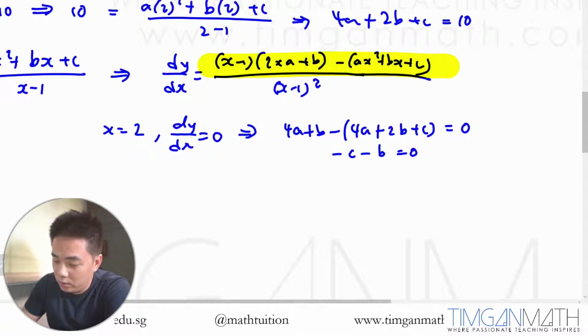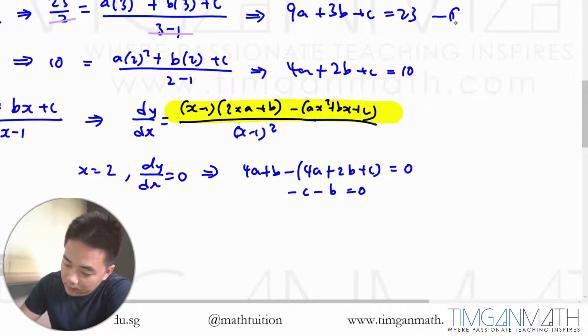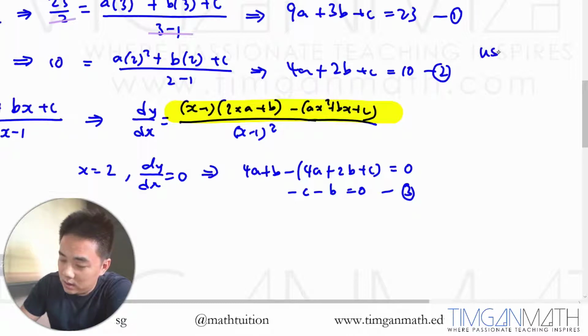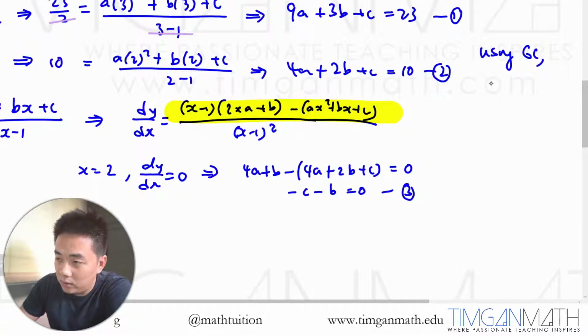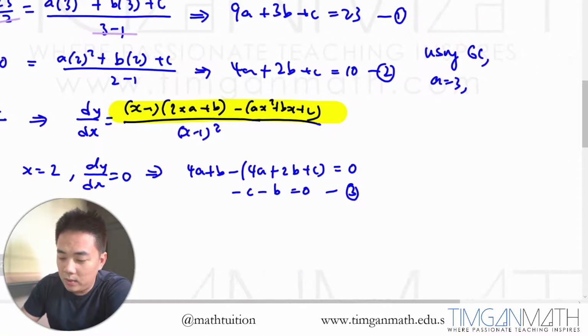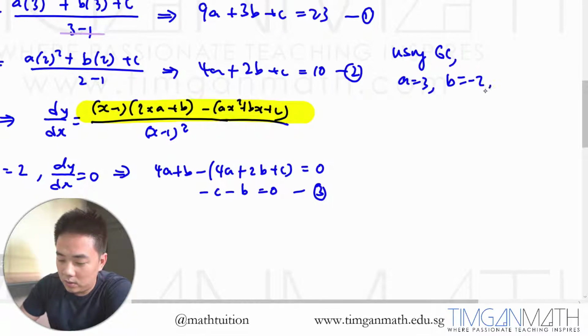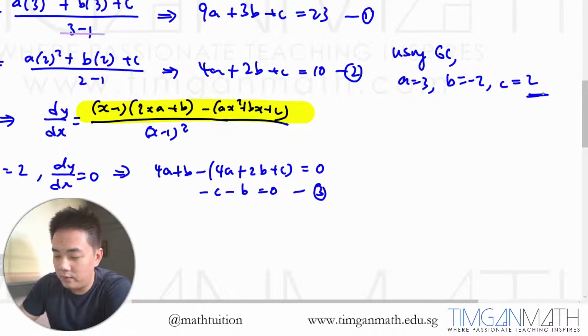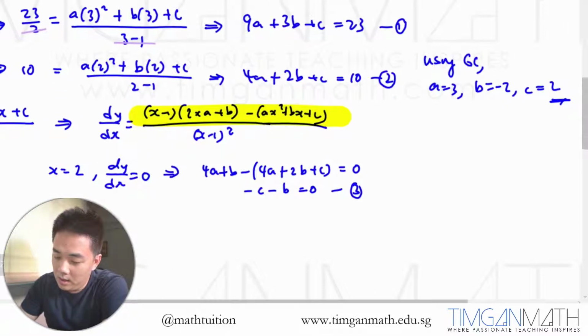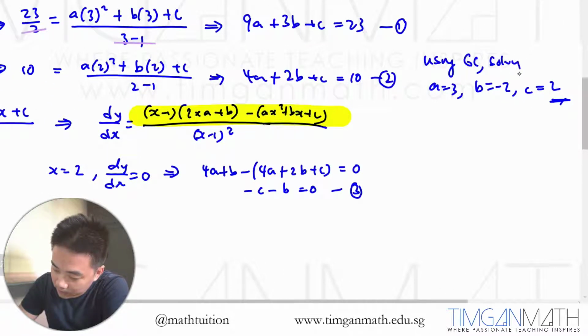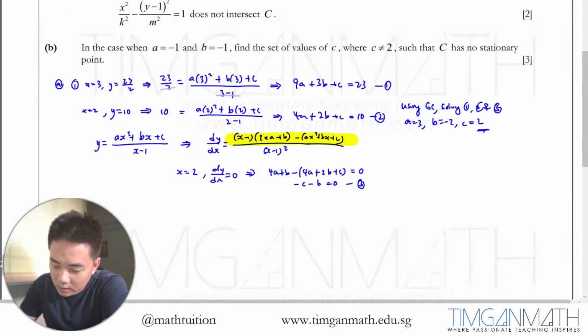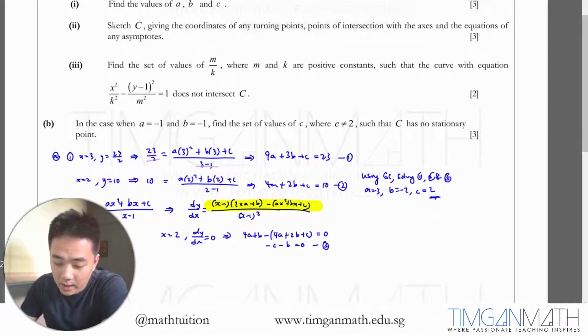All right, so we have got equations 1, 2 and 3. If you were to solve them, just use the GC. You do not need to work it out by hand because typically there are no marks for solving simultaneous equations. So you just use the GC and you will solve these three unknowns. Solving 1, 2 and 3, there you go. I think part 1 is all right. Now let's look at part 2.